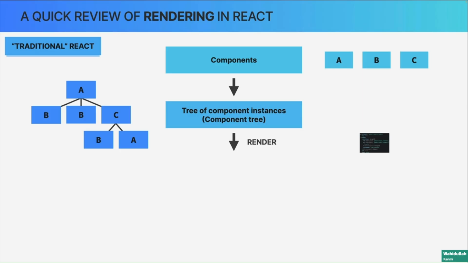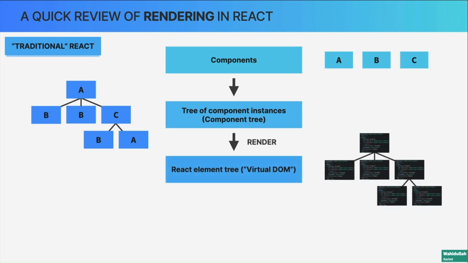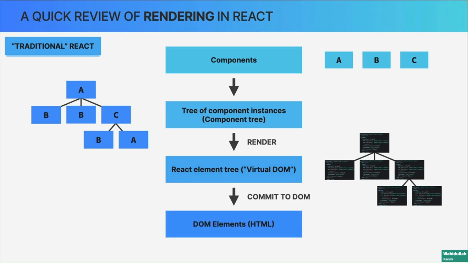And so, as a result of rendering, we end up with the React element tree, which we can also call the virtual DOM. And it's this virtual DOM which will then be committed to the actual DOM by creating all the necessary DOM elements to represent the different elements in the React element tree.